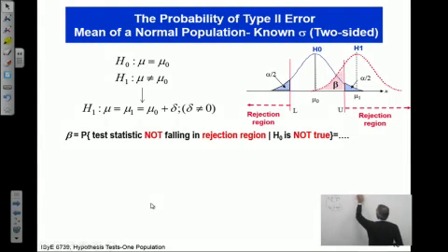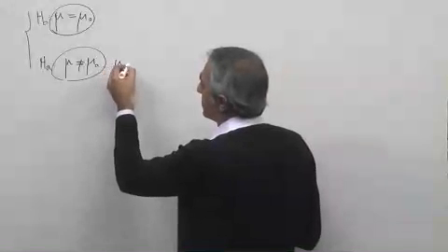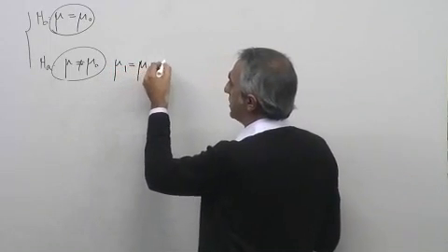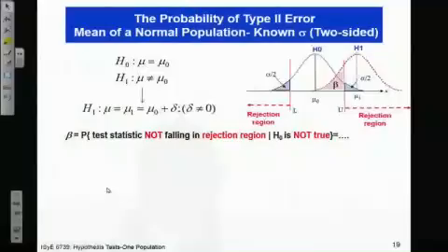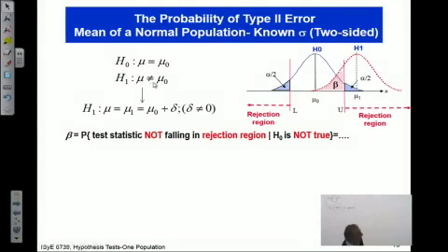As I said, beta depends on mu1. So this is mu equal to mu0, mu not equal to mu0, or mu is some mu1, which is mu0 plus delta. As you can see, H alternative says mu is not equal to mu0, which is mu1, and mu1 is mu0 plus delta.